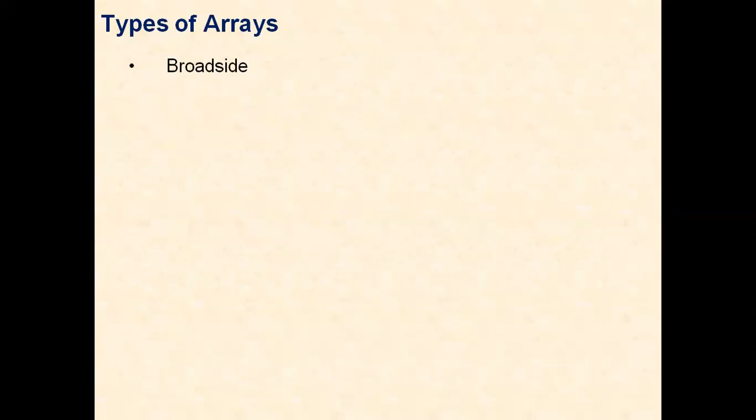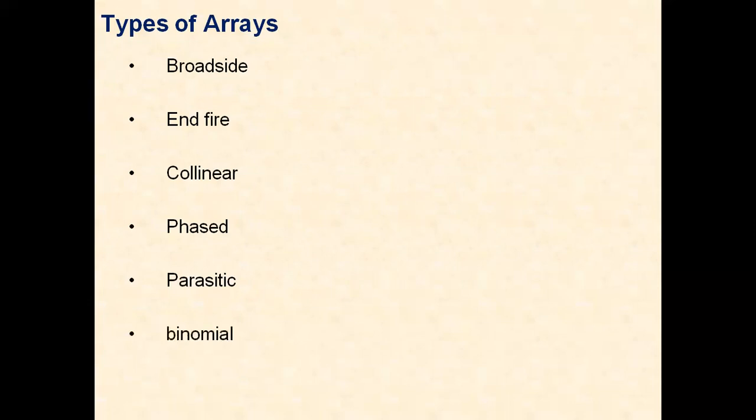And we have different types of antenna arrays. The first one is the broadside array. We will discuss in detail each and every antenna array in this particular class. The second type is the end fire array, then collinear arrays, phased arrays, parasitic arrays, binomial array.